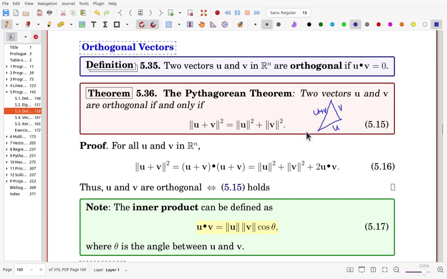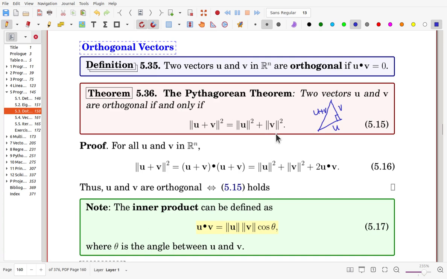You learned the Pythagorean theorem in high school. Once it is a triangle with a right angle, then the length squared plus the length squared of this one is the same as the length squared of the hypotenuse. So that is exactly this equation.